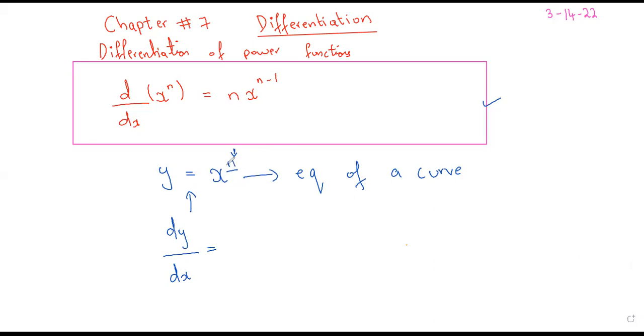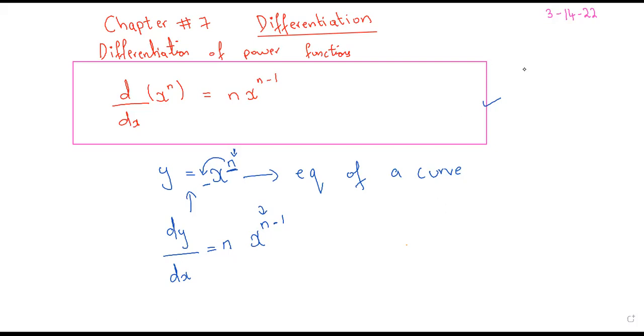We take this power and we write it down next to the number. So it would come here. It is n. Then I'll write down x as it is, and the new power would be n minus 1. So this was the power. I've taken that over here, and the power in case of the derivative would become old power minus 1.